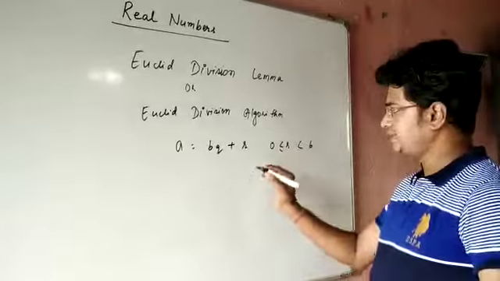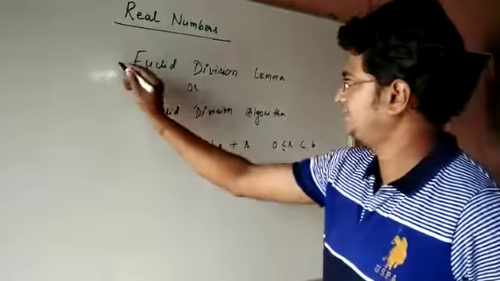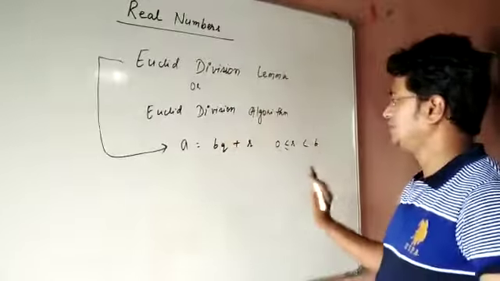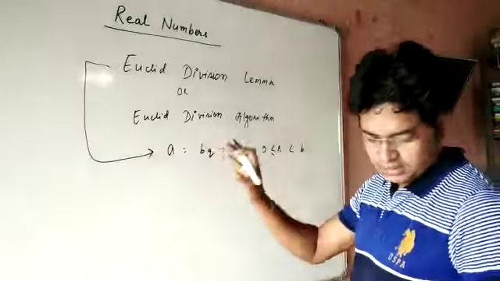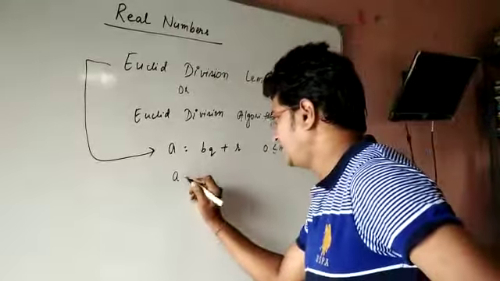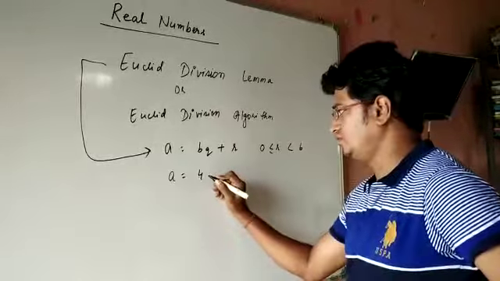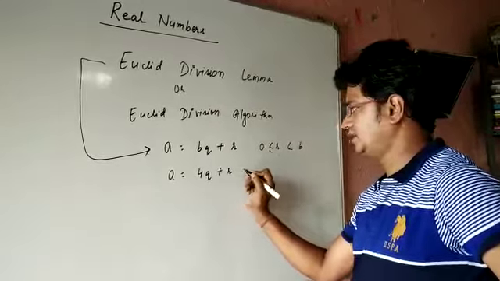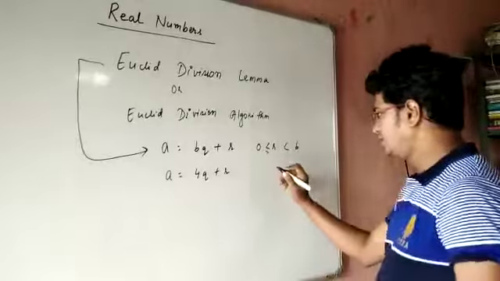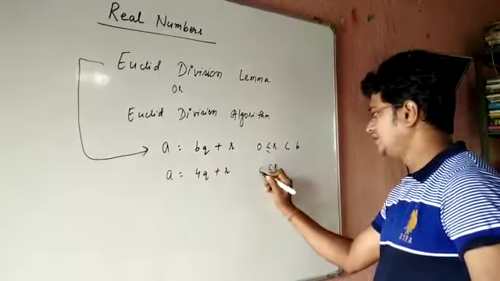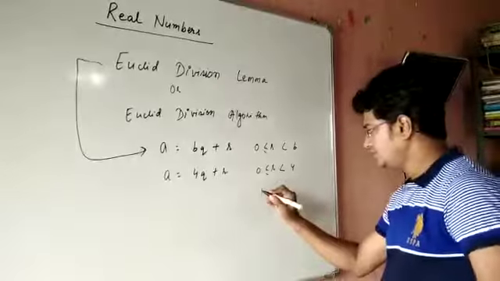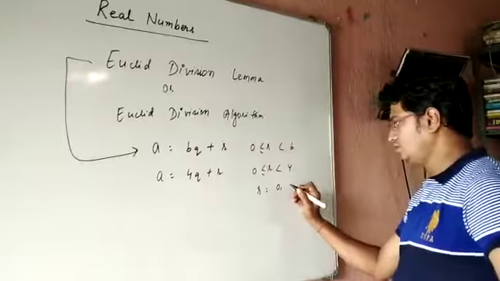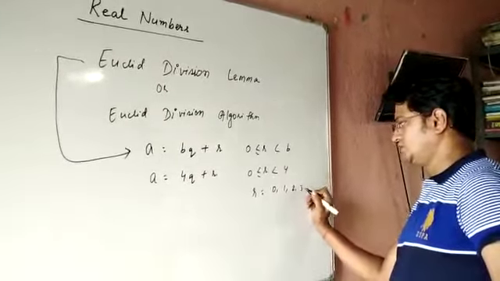The same equation, and this statement is given by Euclid division lemma, or we can also say Euclid division algorithm. Now suppose we take a situation a equals 4q plus r. Here your remainder will be greater than or equal to 0 and less than 4, so the remainder can be 0, 1, 2, 3.